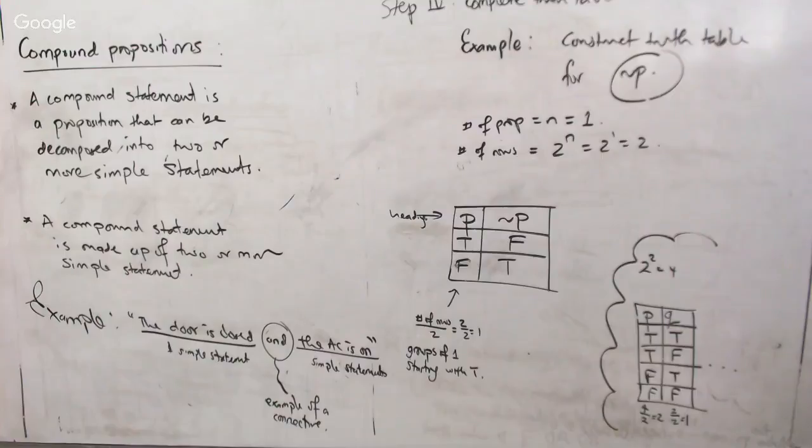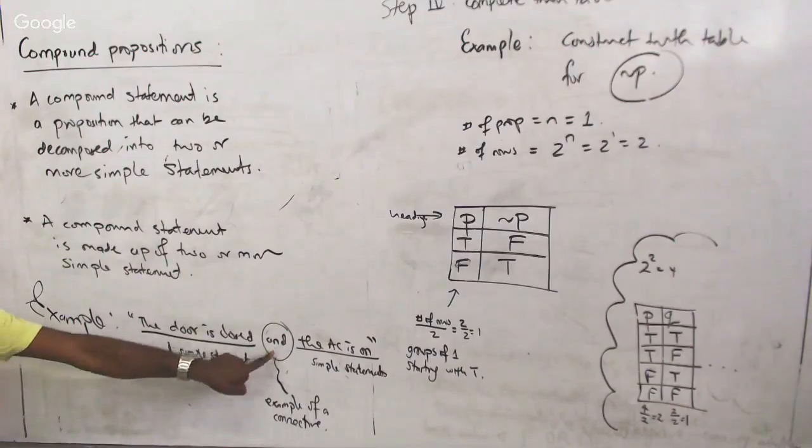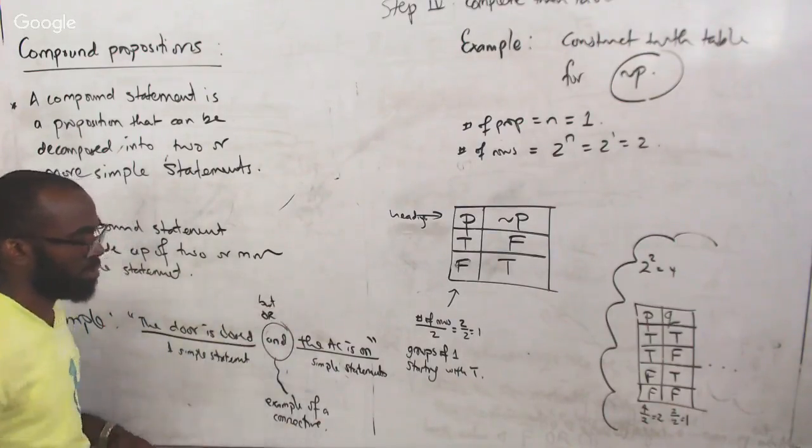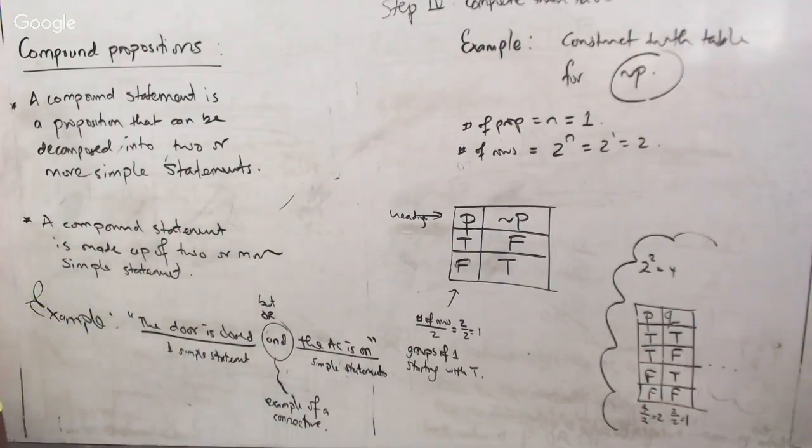Okay? In English, this is the first difference between your English and your mathematics. In English, we call and, or, but, therefore, conjunctions. That's all. When you have two sentences, anything that joins them, we call it conjunction.